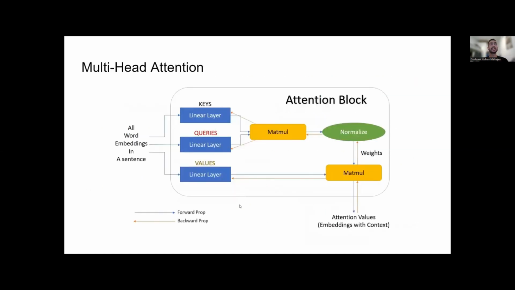Let's look at multi-head attention. Here, multiple attention heads are introduced to generate attention masks for embeddings of sentences. This creates multiple contexts for the same sequence. Imagine having the same sentence, but multiple interpretations of that sentence. That is what multi-head attention does.